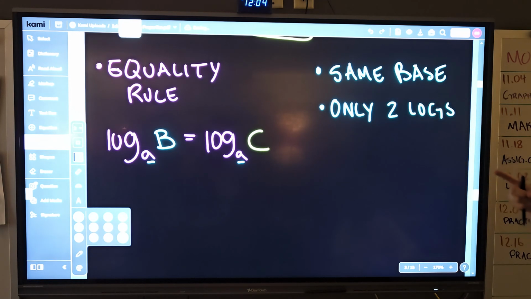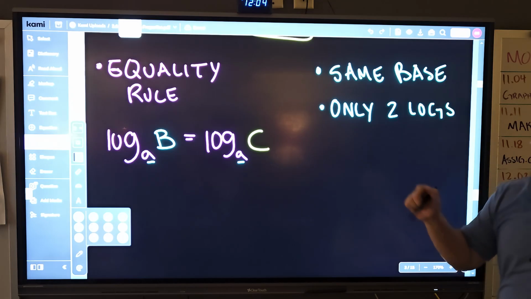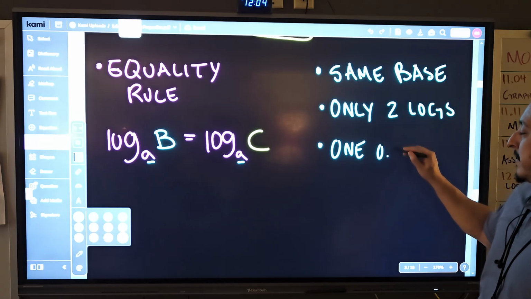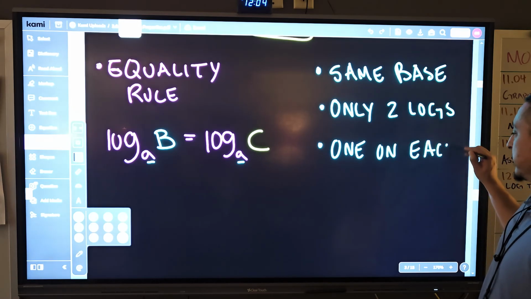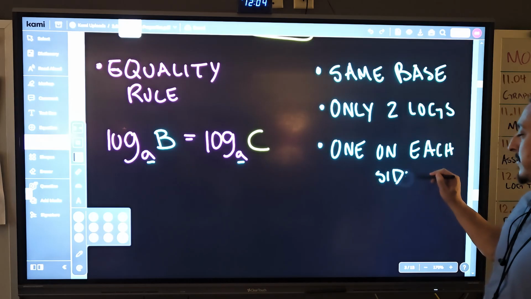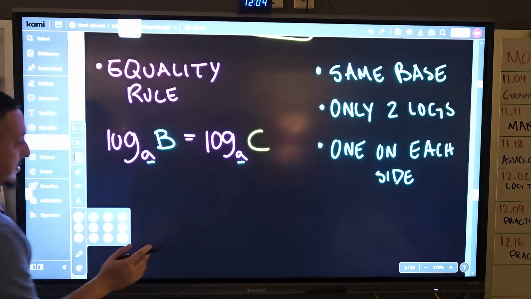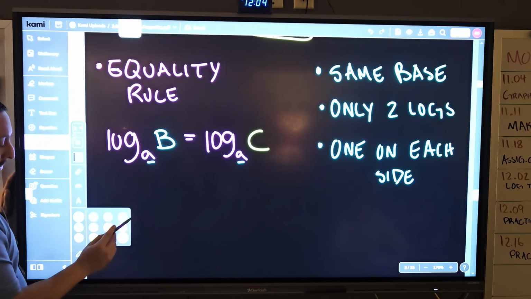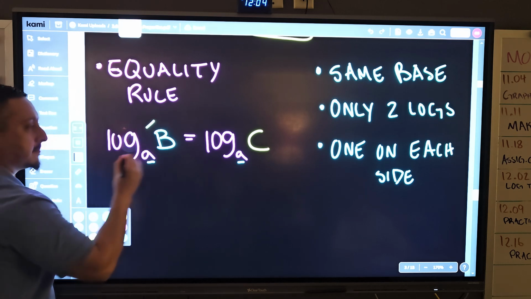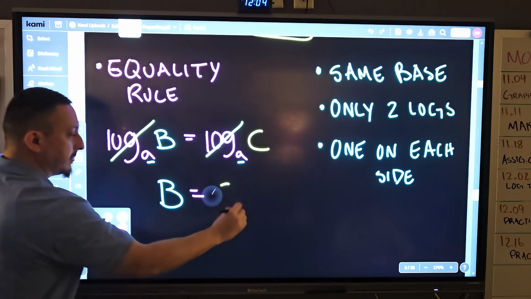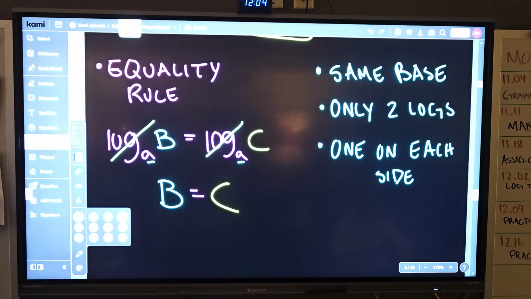So same base, only 2 logs, and 1 on each side. I can come up with this because I know where students mess up, and I've seen them mess up like that in the past. If this is true, same base, 1 on each side, only 2 logs, they cancel. And then you're left just with b and c. So it gets completely rid of the logs, which is really convenient.